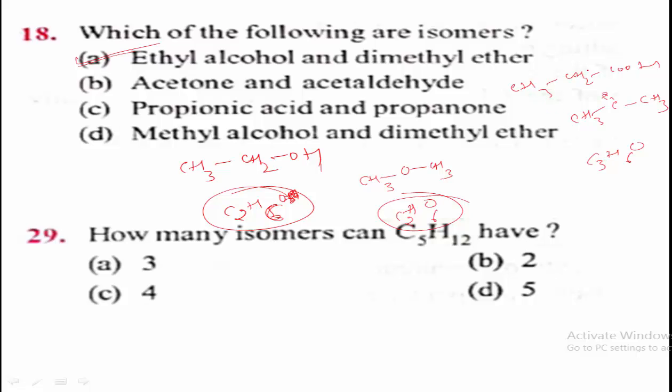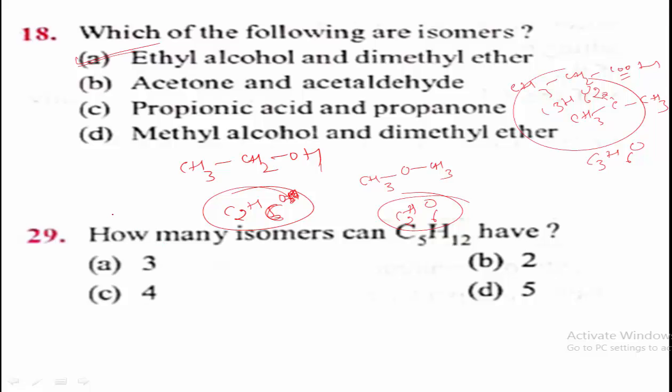But here 1, 2, 3 carbon atoms means C3, hydrogen atoms 3, 4, 5, and this one is 6, C3H6. But here the number of oxygen atoms is 2, therefore its formula is C3H6O2. Therefore these are not isomers. Therefore the correct answer is option A. You write all the structures and know the answer.